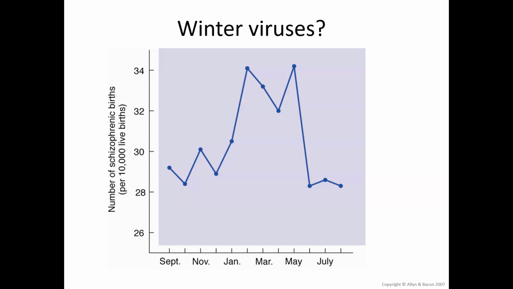First of all, you're more likely to pick up a virus in the winter, which fits with our cold and flu season. And with a spring birth, if you're in utero, you are in the second trimester in the winter. Usually during the second trimester, that is a really critical period of development, including the brain.